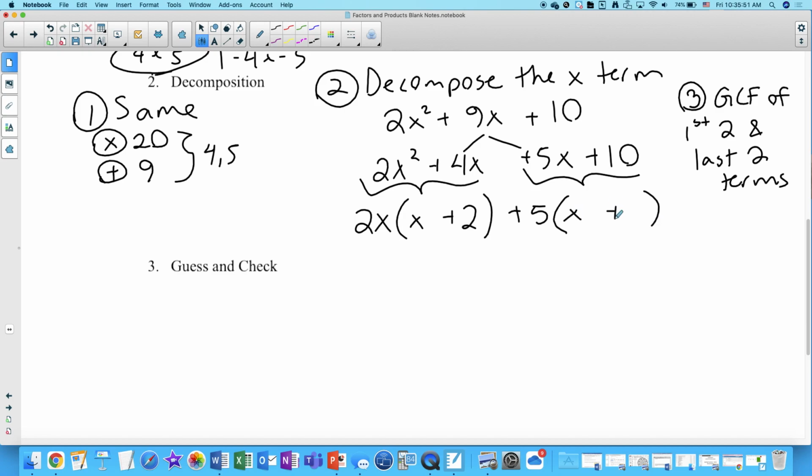Okay, now what you should have is a common binomial factor. Essentially, this is 2x times x plus 2. This is 5 times x plus 2. Both of them have a factor of x plus 2 in them. So that's the common binomial factor. I can factor that out. So I'm going to bring the x plus 2 in front.